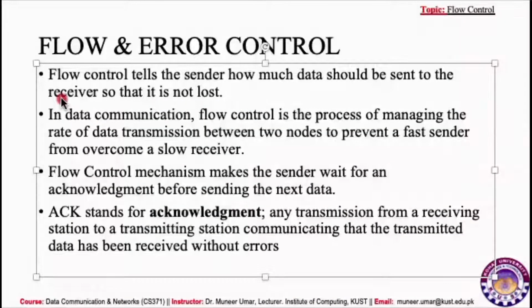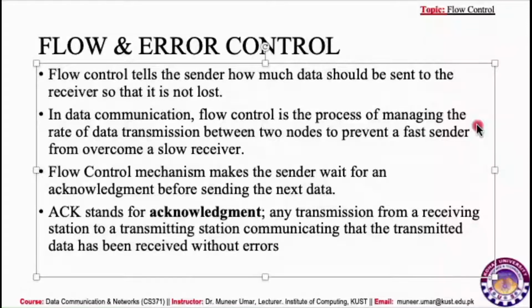The flow control tells the sender how much data should be sent to the receiver so that it is not lost. Actually, it is about the adjustment of the transmission rate, or the speed of sending data. In data communication, flow control is the process of managing the data rate of transmission between two nodes to prevent a fast sender from overwhelming a slow receiver.